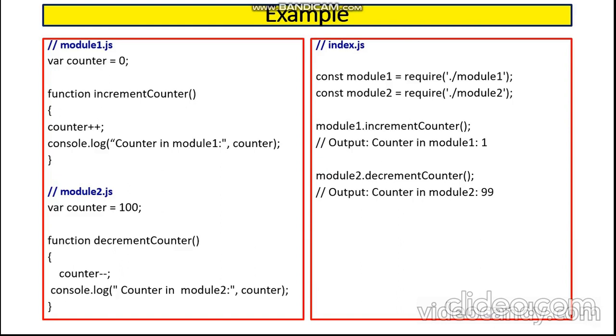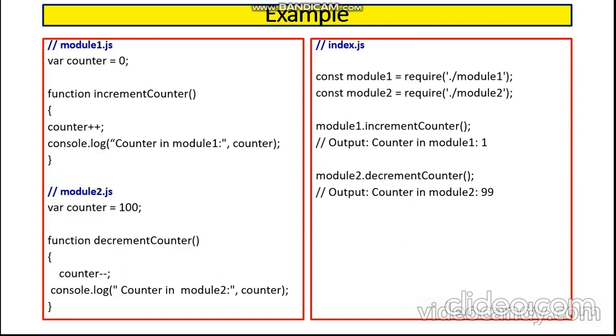Now talking about the module1.js file, here I am creating one variable, counter, and it is initialized with 0. Inside this file I am creating one more function, incrementCounter. Inside this function the counter will be incremented, and after that we print the counter value.